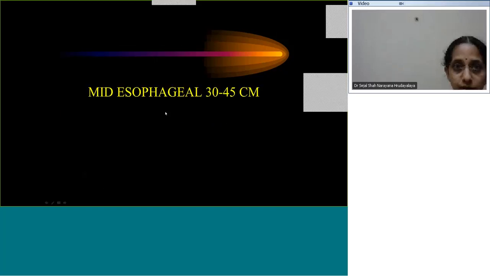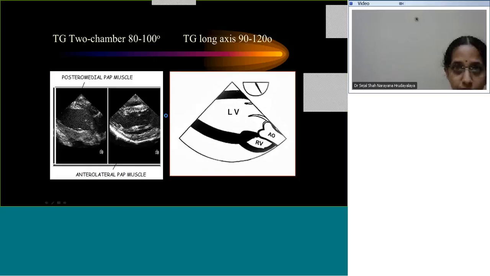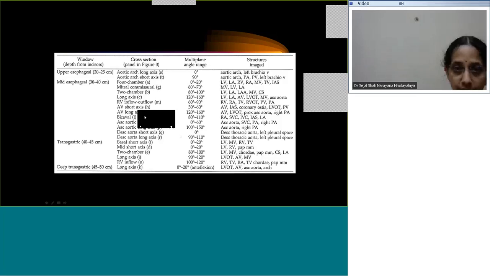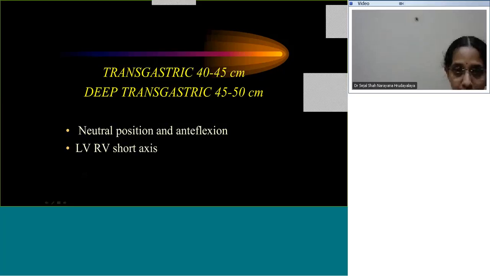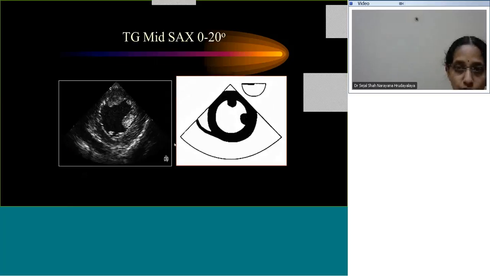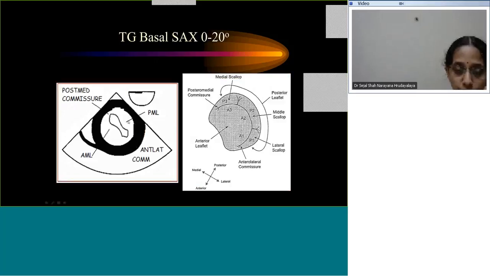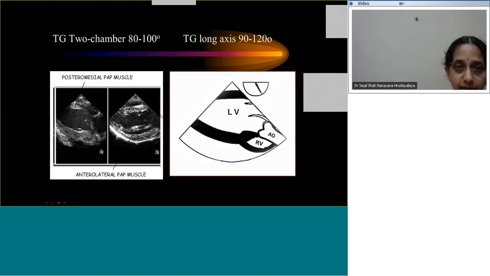So now this is all about the transgastric. We will run through it once again. In the transgastric view, come to 0 degrees and anteflex the probe. What we will get is a short axis of the two papillary muscles. A little withdrawal gives the short axis at the level of the papillary muscle. Add 90 degrees axial rotation for a long axis of LA, LV and LVOT.